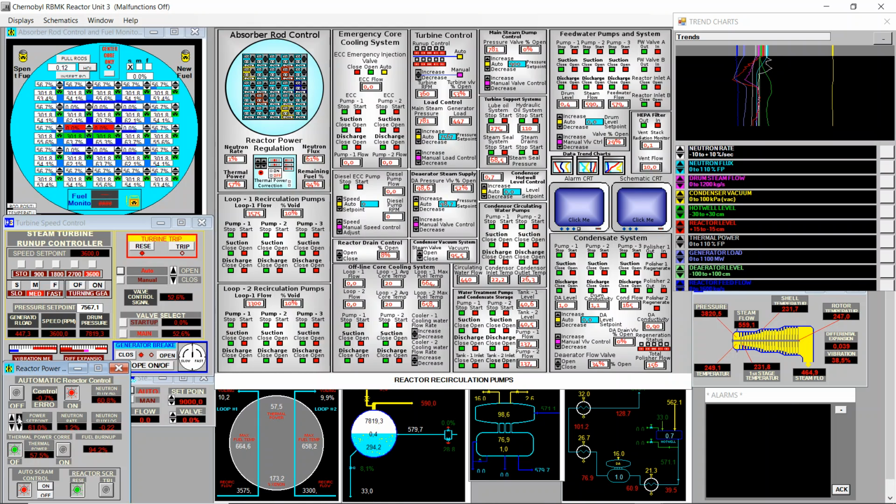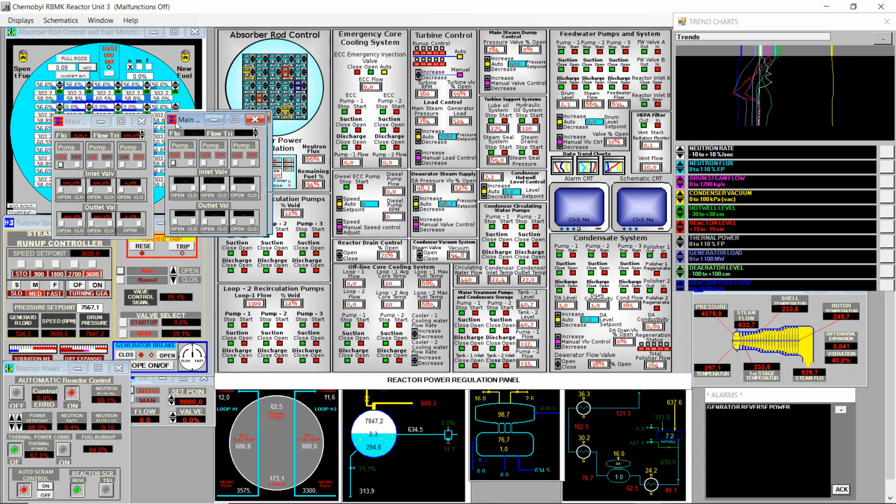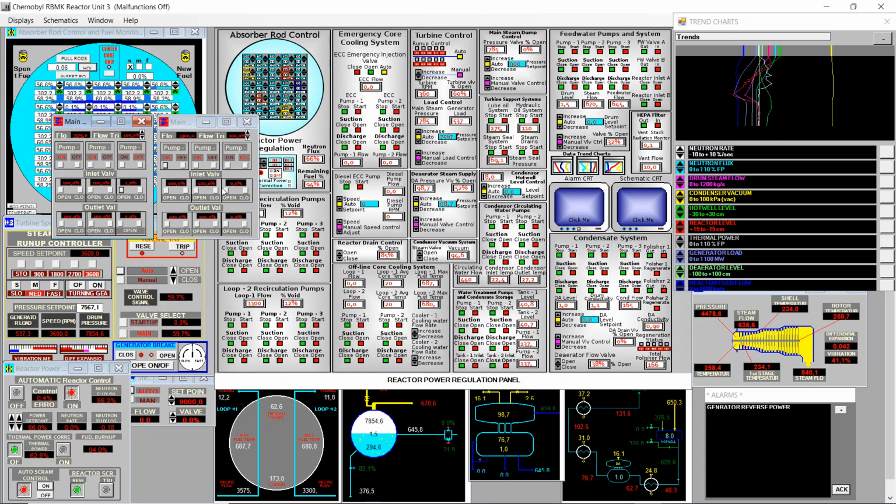We're at almost 70%. I will connect the third pump in the recirculating loops. Open. On.